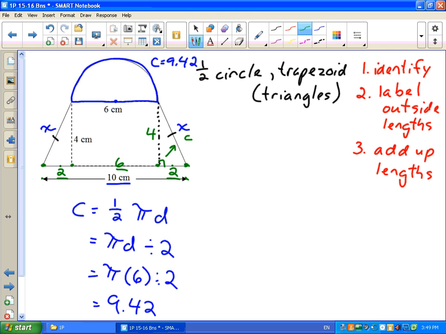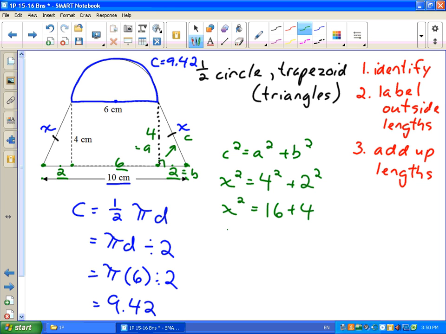I label my sides C, A, B. Okay. I know I'm going to use C squared equals A squared plus B squared. My side C is my X, so X squared. A, I see there, is 4. My B is 2. So now I can work out what X is going to be. So X squared is 16 plus 4.